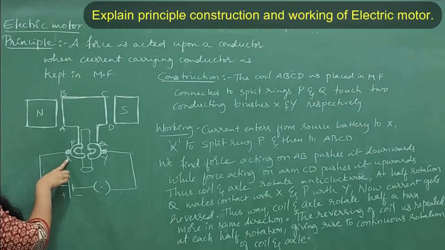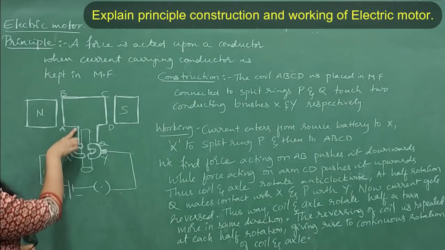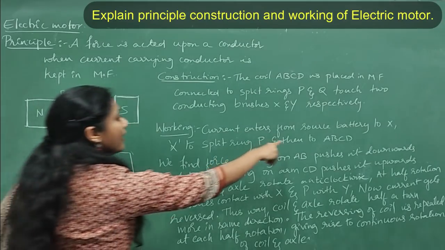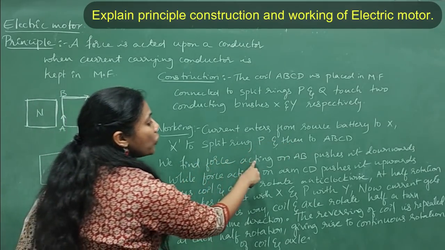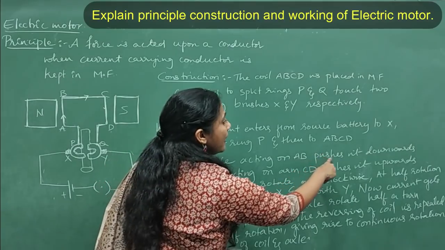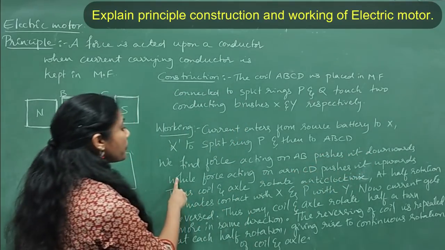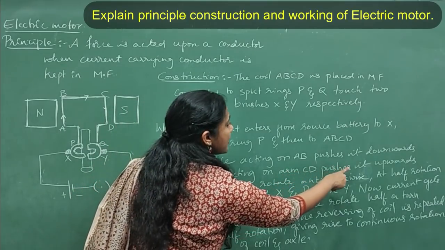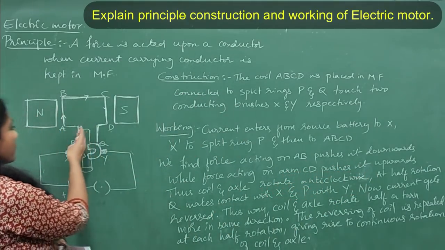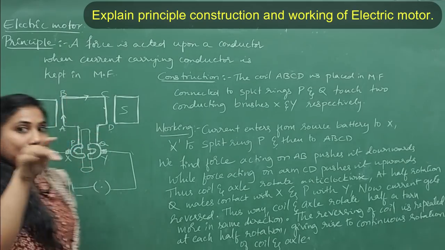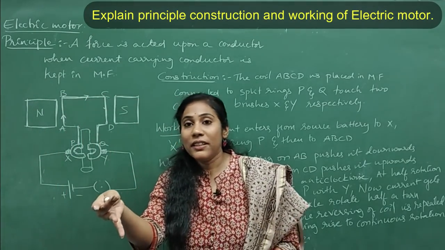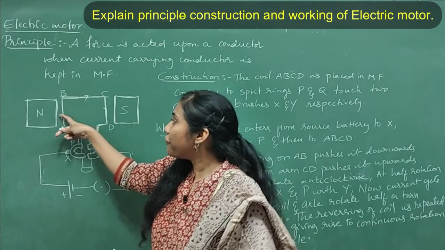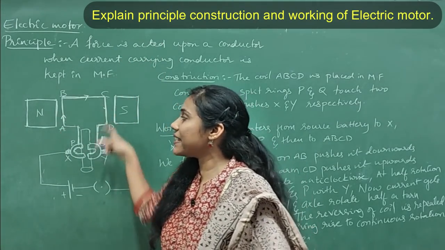We find the force acting on AB pushes it downwards, while the force acting on arm CD pushes it upwards. What do you mean by this? When current is flowing, the AB arm goes down and the CD arm comes up. So that way force is acted upon ABCD.